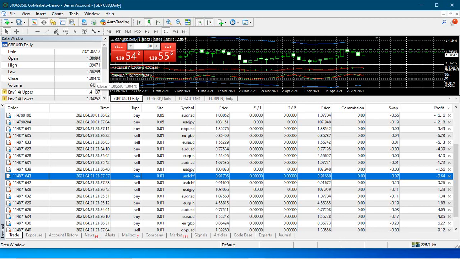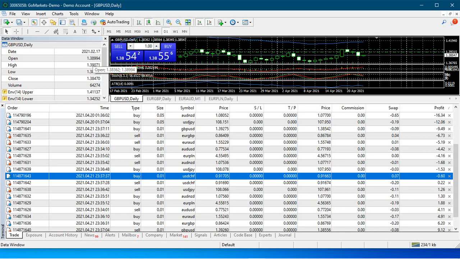So it's higher. So it's obviously that currency would be a buy trend, because the close price of yesterday, 1.38470, is lower than the opening now.